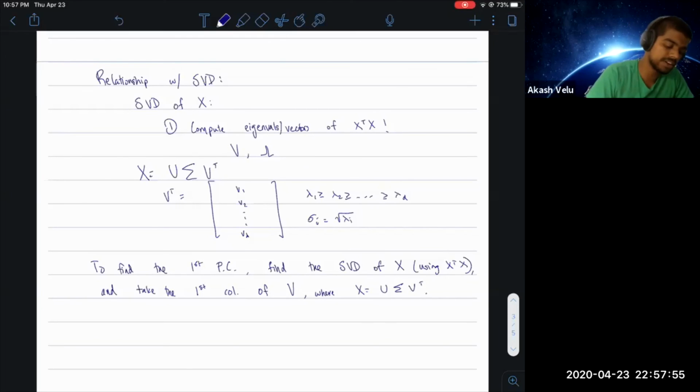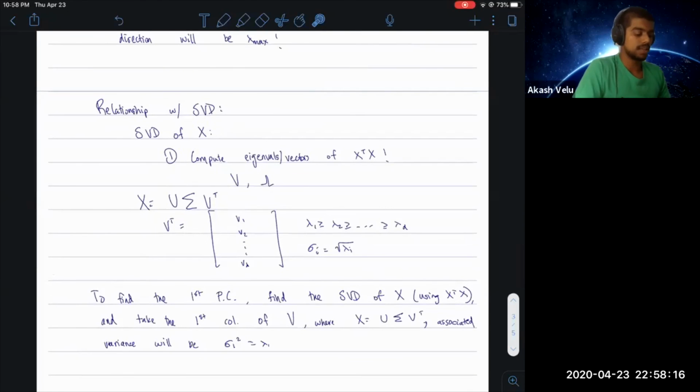And the associated variance will be sigma 1 squared equals lambda 1. And the reason this is the case is because we typically order the singular values from greatest to least. So that's all the content for this video.